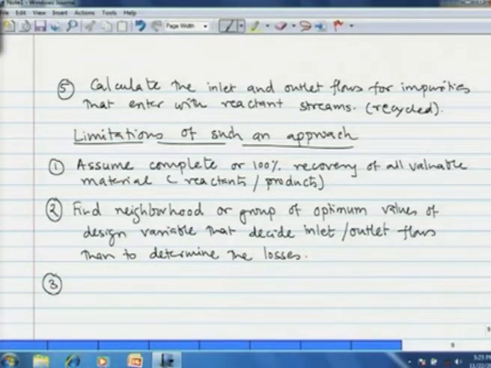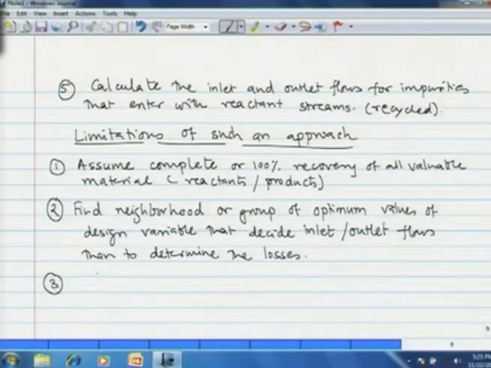Now, the approach that we have seen essentially focuses on predominant production of a single product along with some unwanted side products, but in many processes there are several valuable products.